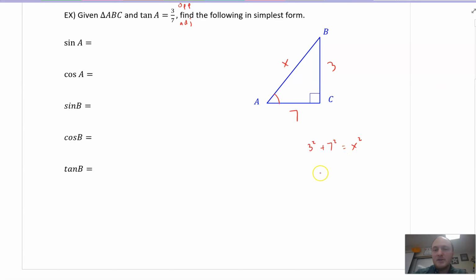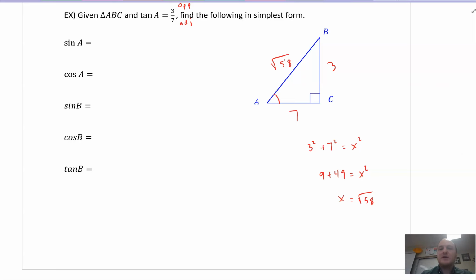All right, so that would be 9 plus 49 equals X squared. So X is equal to the square root of 58. Okay, and I can't simplify that. I can't reduce it.